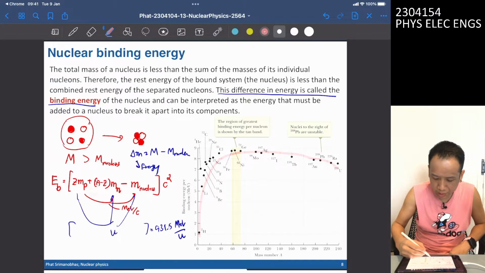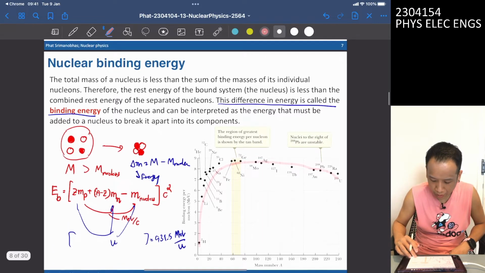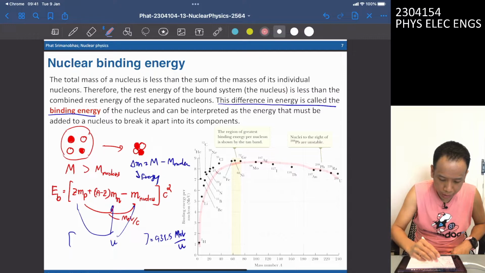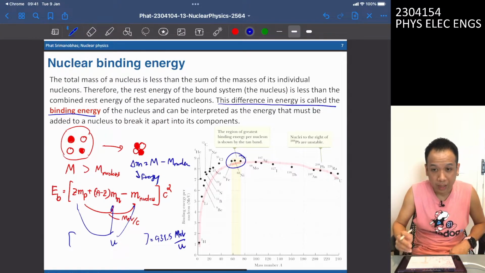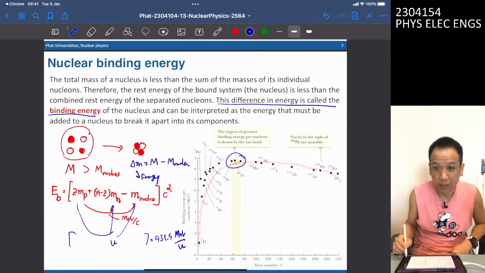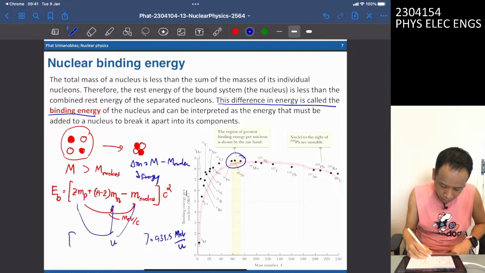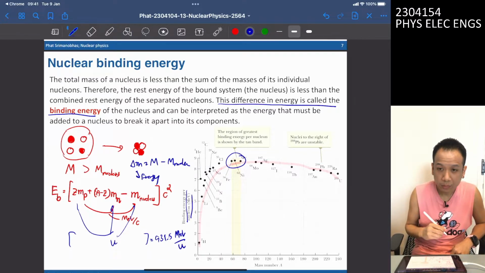The binding energy starts to increase as the atomic mass increases, and when it reaches around 60 it's at its maximum, and then it starts to decrease. Okay, so this is what the binding energy per nucleon looks like.